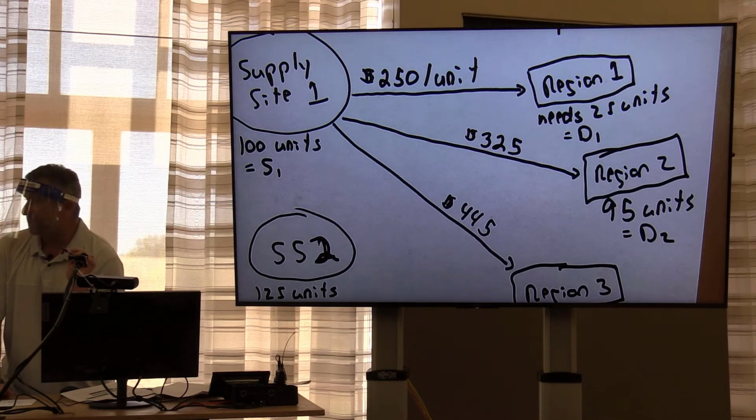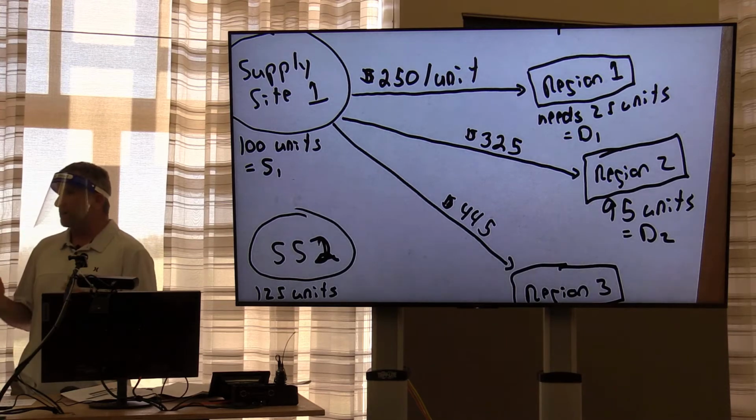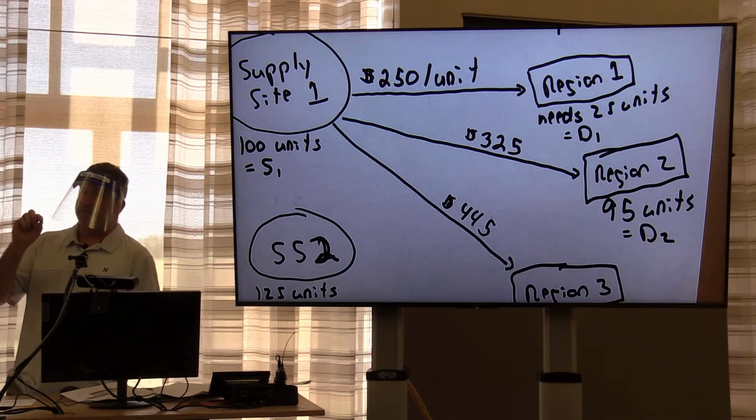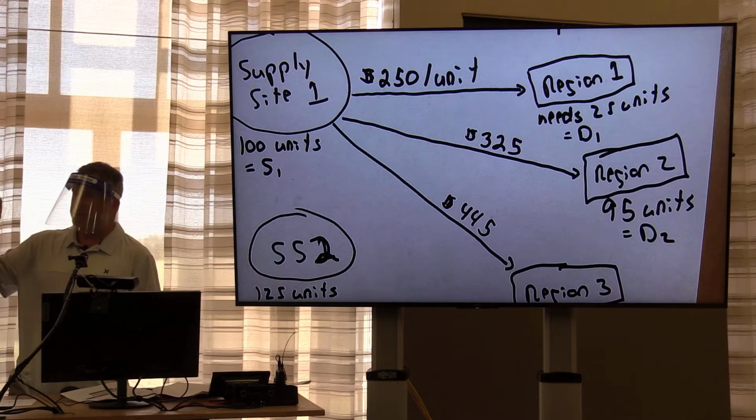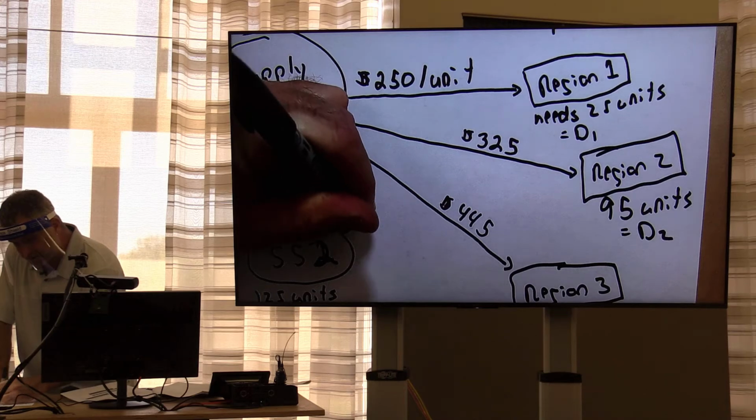When connecting supply site 2 to region 1, 2, and 3, I'm going to draw similar arrows, but I'm going to make them a broken arrow to help us better distinguish them. So I'm going to do this.